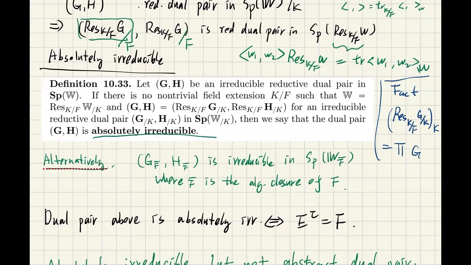So after you do the restriction of scalar and then extend it, it will just be the product group. And if the pair is coming from some restriction of scalar construction, then the irreducibility will be violated after extending to the algebraic closure.